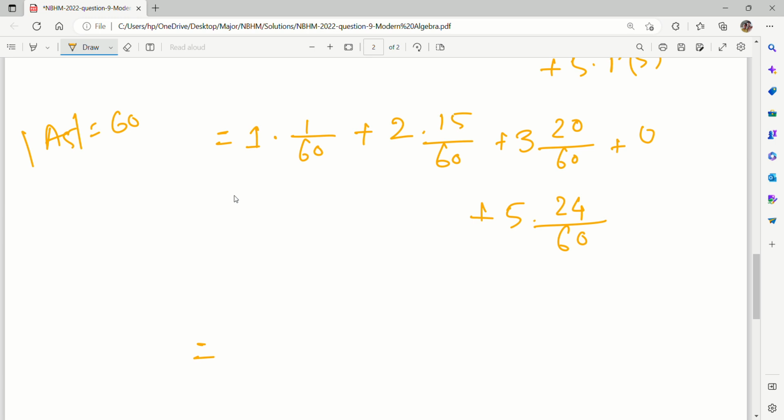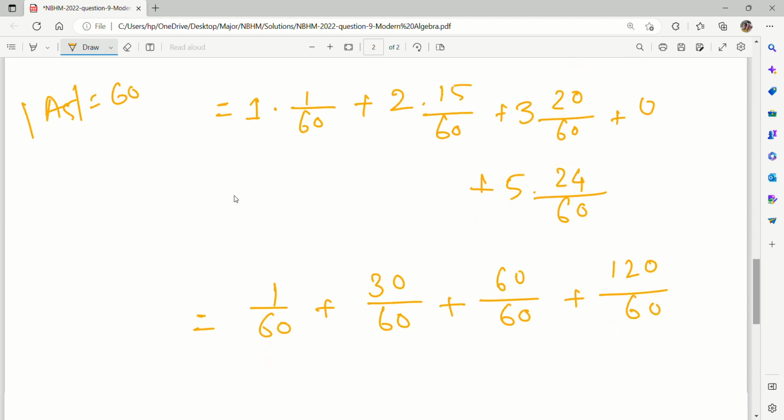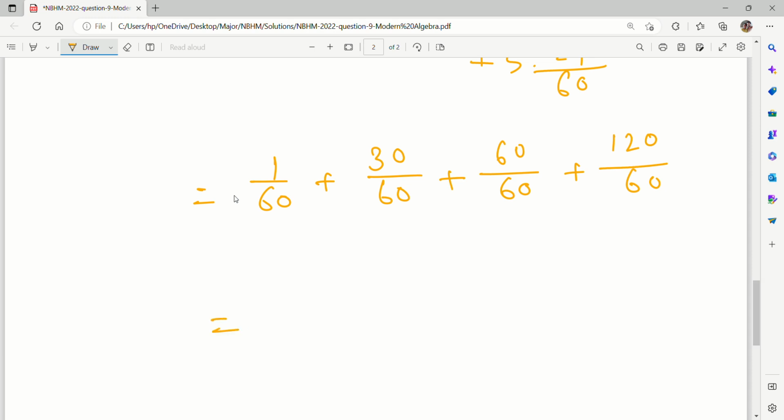So this is equal to 1 upon 60 plus 30 by 60 plus 60 by 60 plus 120 by 60. This is 120 plus 60 is 180, plus 1 plus 30 is 211, so 211 by 60. This is the answer.